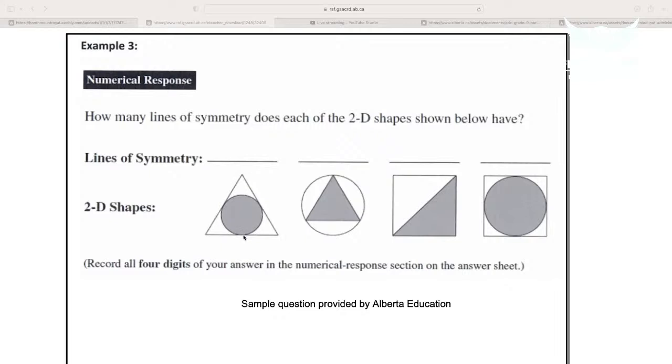So the first shape has this line of symmetry over here and here. Same with the second shape, this one and this one here.